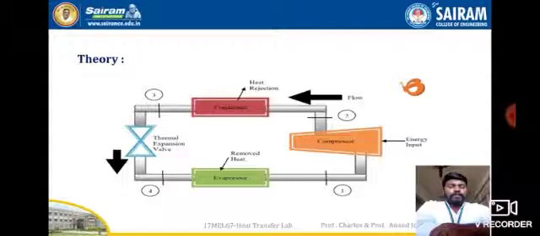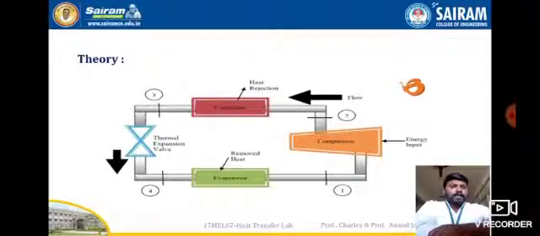The evaporator is called the heart of the refrigerator, because this is the place where the cooling effect takes place. Wherever the evaporator is placed, heat is extracted and the cooling effect takes place. That is why it is called the heart of the refrigerator.